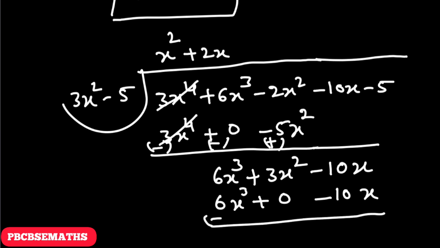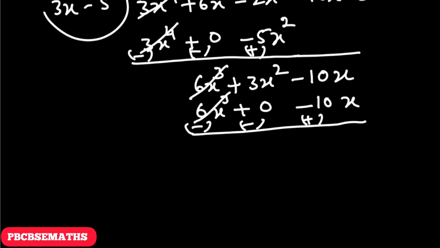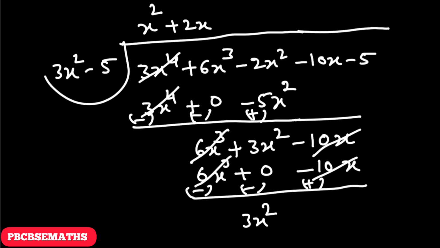This becomes minus, this also becomes minus, this becomes plus. Negative 6x cube and positive 6x cube cancel. We have 3x square here, so we keep that 3x square as it is. Minus 10x plus 10x also get cancelled. At last we are left with only this minus 5. So let's bring down that minus 5.